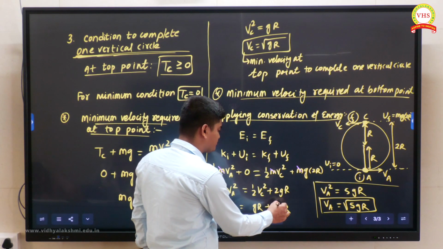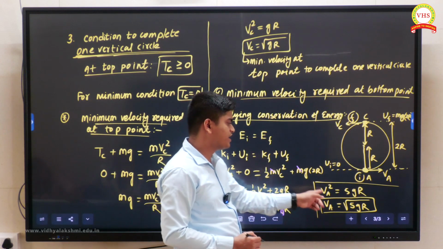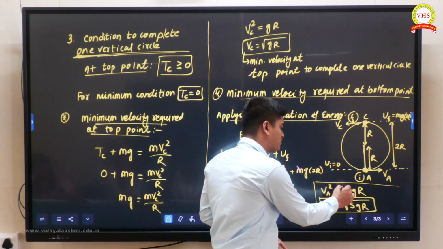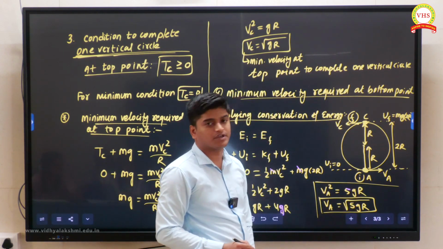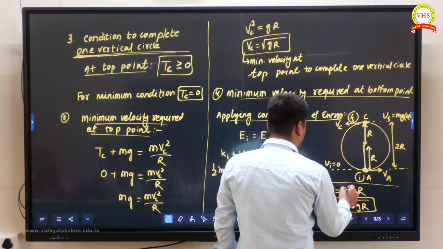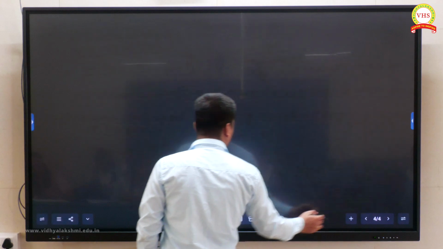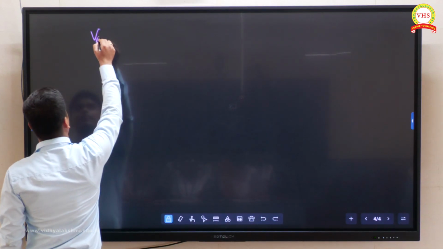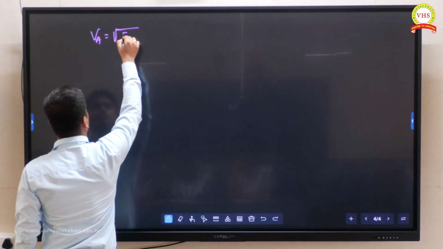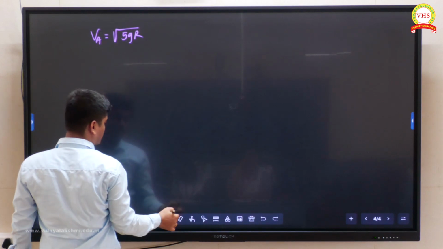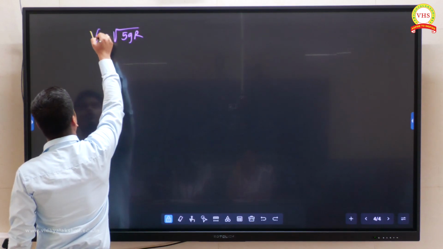Now what happened here? Va square equal to 5gr, then Va equal to root under 5gr. Yes or no? So Va square equal to 5gr is coming, then Va equal to root under 5gr. That means Va equal to root under 5gr.